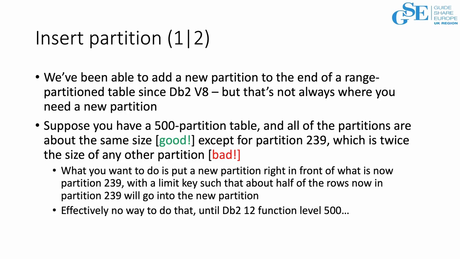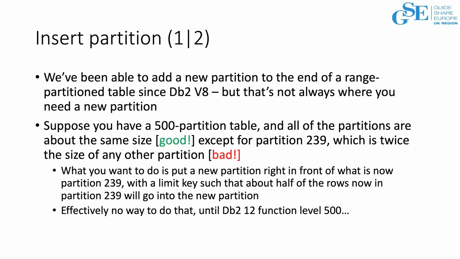This is not ideal, because you want them to be the same size. So as a DBA, what you would like to do is put a partition right in front of partition 239, and then specify for that partition a limit key value. With that change, about half of the rows in partition 239 will be placed into this new partition.